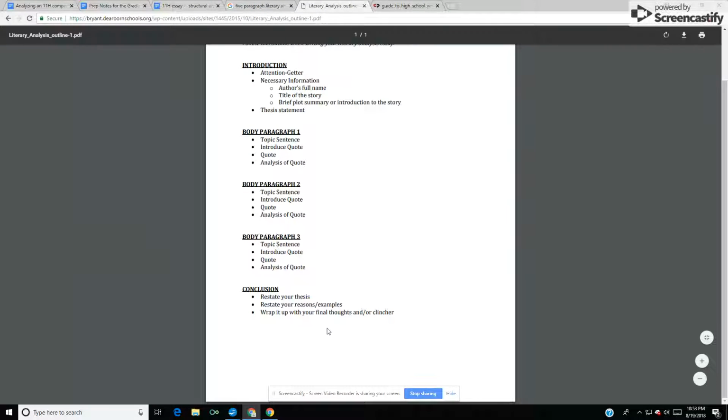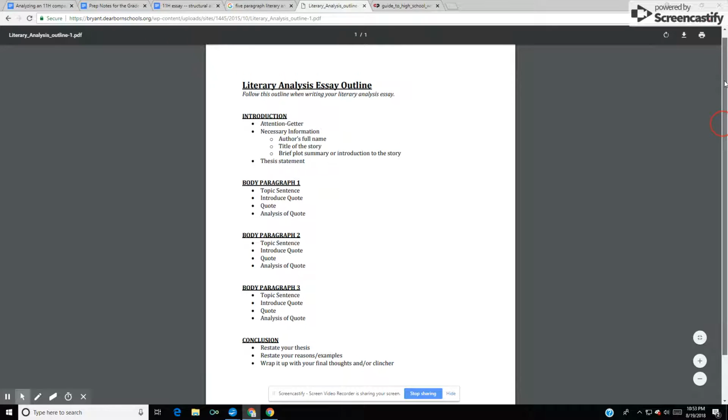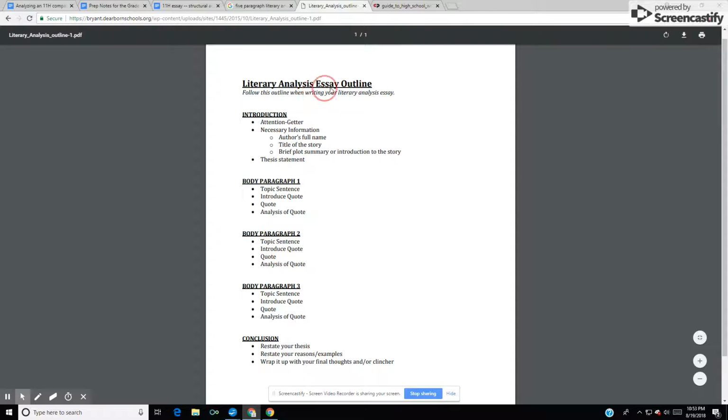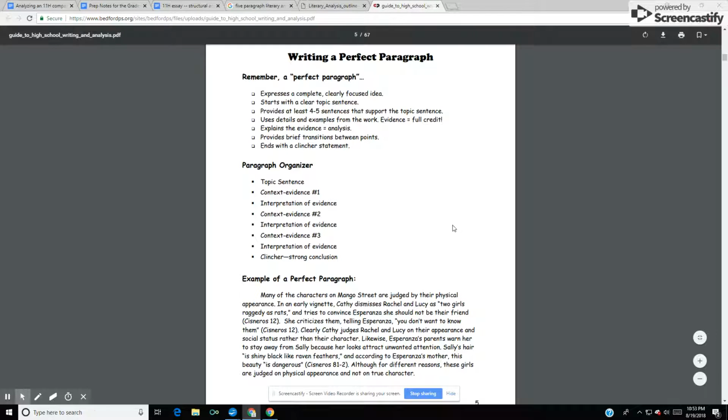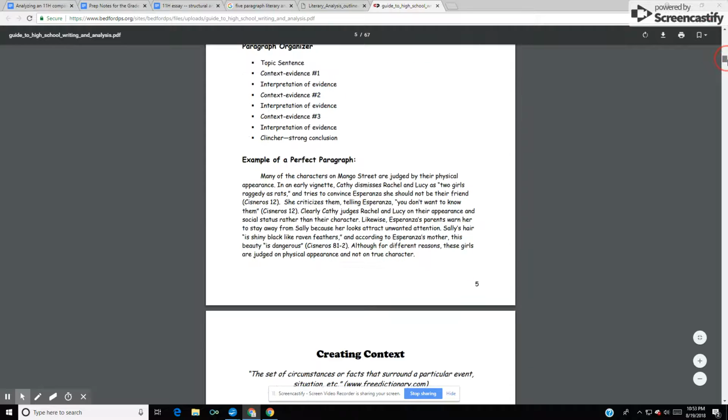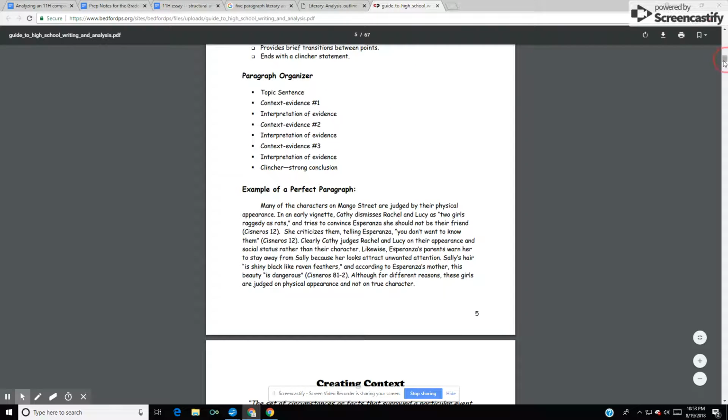Some of them are more basic, like this one. Some of them are quite lengthy, like this one. But this one's interesting because we have somebody who is able to insert a lot of clipped quotes and do a pretty good job of explaining the significance. It's somewhat basic, but it works very well.